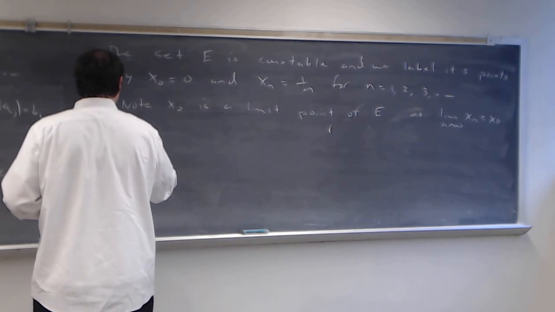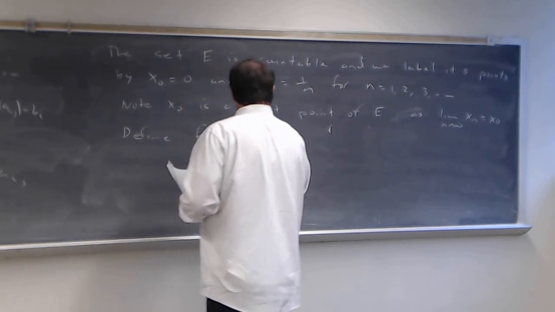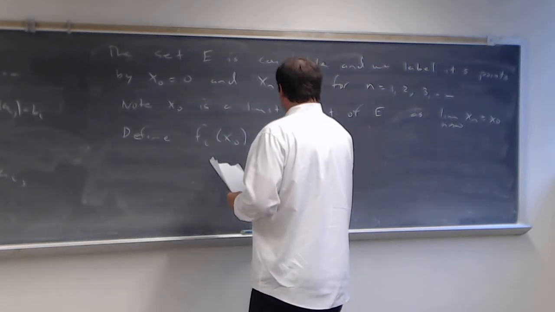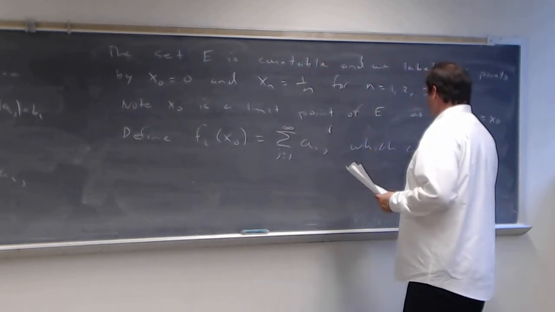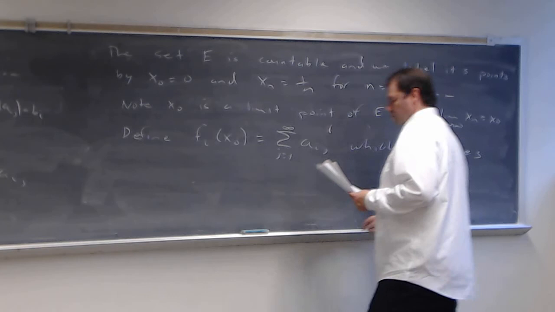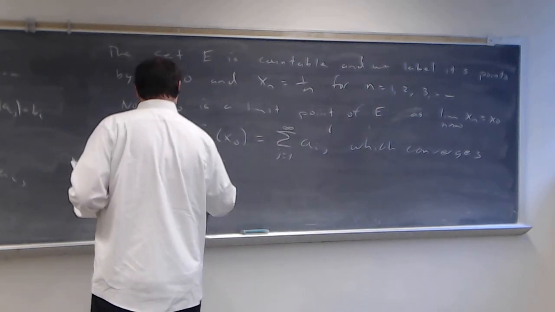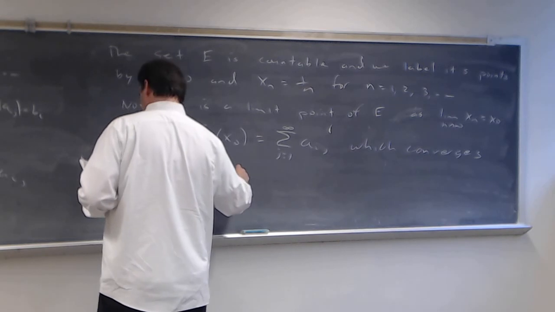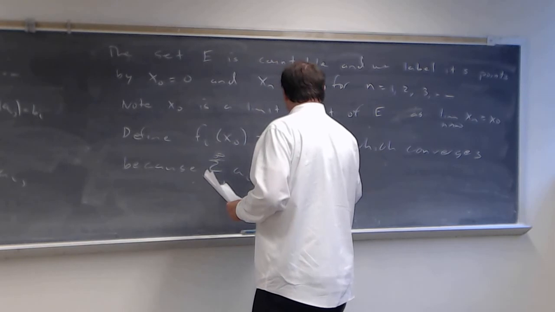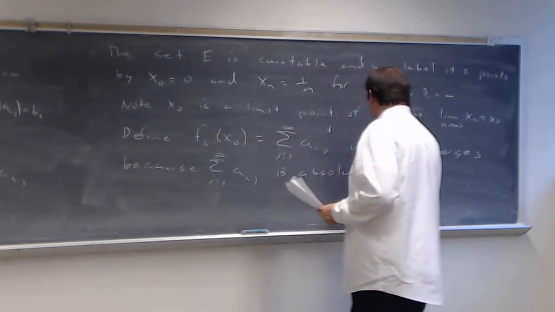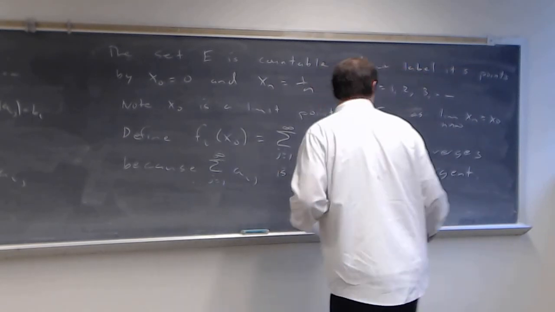We define f sub i of x naught equals the sum as j runs from 1 to infinity of a sub ij, which converges because the sum as j runs from 1 to infinity of a sub ij is absolutely convergent, for each fixed i.